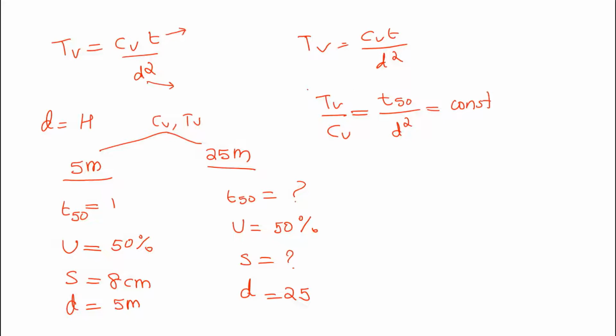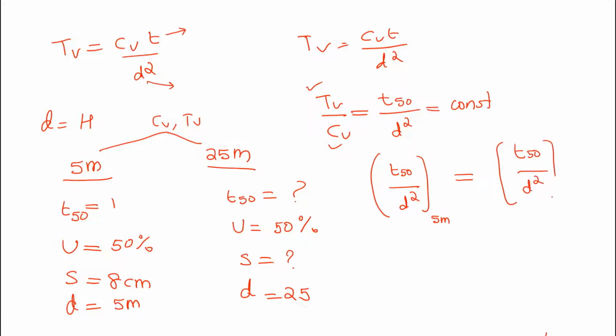Since both clay layers have the same Tv value and Cv value, T50 by D square is a constant, or simply t by D square is a constant. Fine. So T50 for the 5 meter thick clay layer should be equal to T50 by D square of the 25 meter thick clay layer, right?